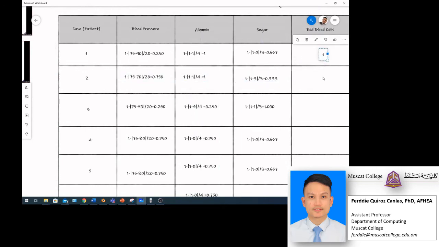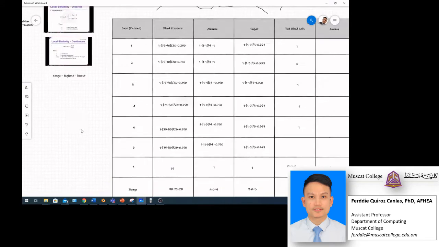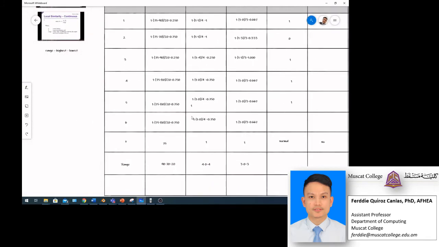No need to calculate for discrete values. Just simply check if they are the same. If they are the same, 1. If they're not the same, 0. Clear here?